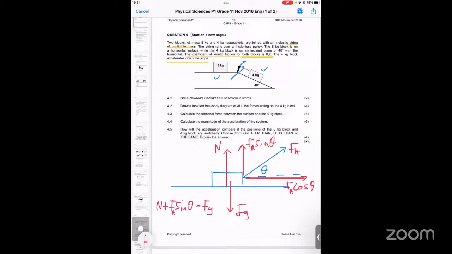I'm not sure if you understand what I'm saying there, Edith. I do, sir. Yeah, so can you see that now it means the normal force in this case will be equal to FG minus force applied sine of an angle. Oh, yes, sir. So that means the formula for the normal force is not fixed to being equal to mg. It depends on the situation. It's all about the upward forces balancing with the downward forces.